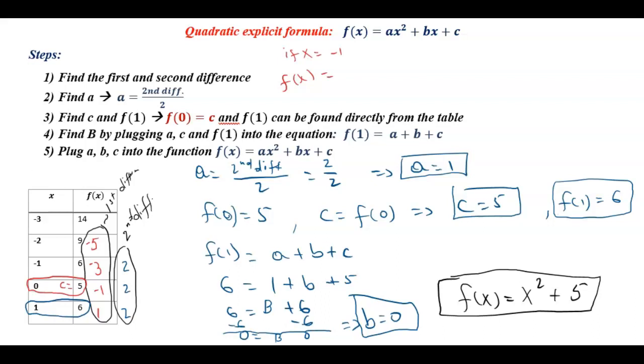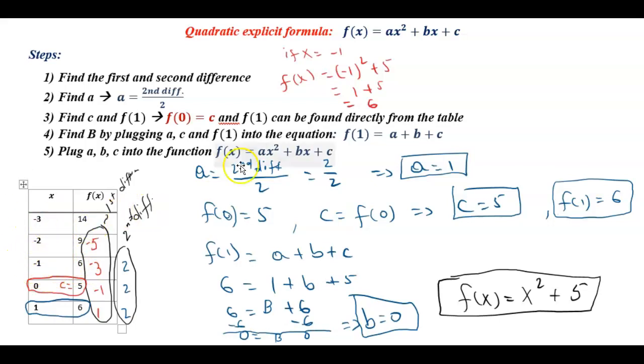So we're going to have x squared, so -1 squared plus 5. -1 squared is +1, so that's 1 plus 5, and that is equal to 6. So that's if x is equal to -1. If you go back to the table, when x is -1, f of x is 6. So that checks.